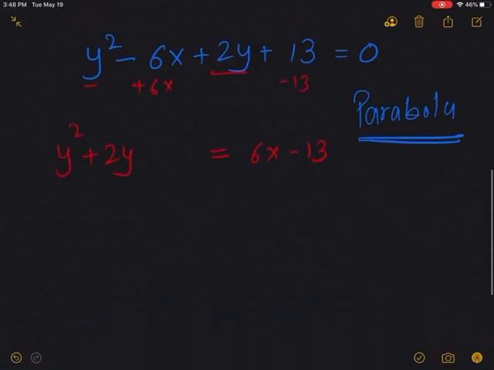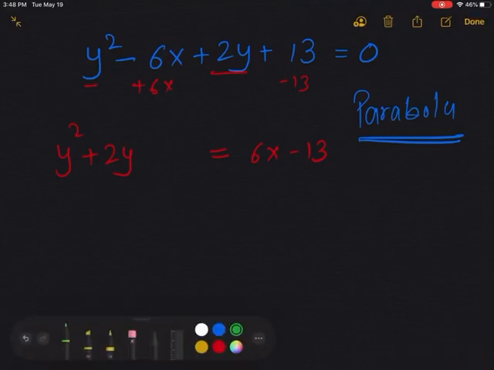Now, for the y part, I need to complete the square. This is where we need to get the magical number. How do we get the magical number? It's b halved and squared. Don't forget, if there's any a value other than 1, make sure you factor that out. Since there's no a value, just 1, it would not make any difference, so there's no need to factor it out.